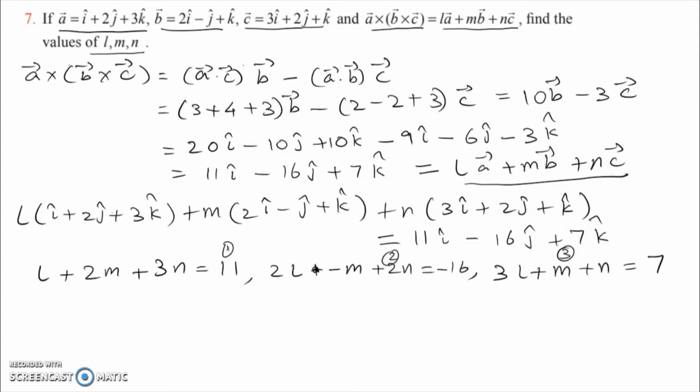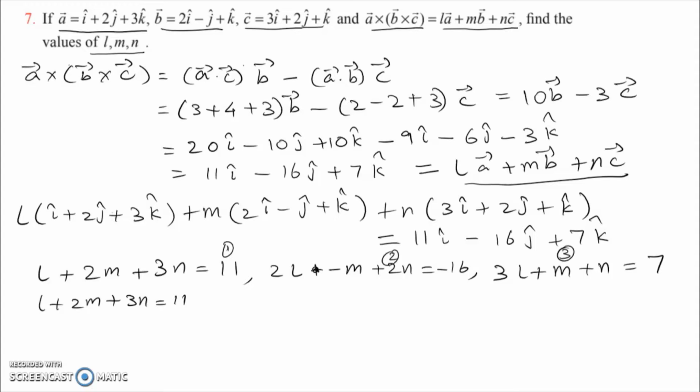So let's multiply equation 2 with 2 and add it with equation 1. Equation 1 is L plus 2m plus 3n is equal to 11.